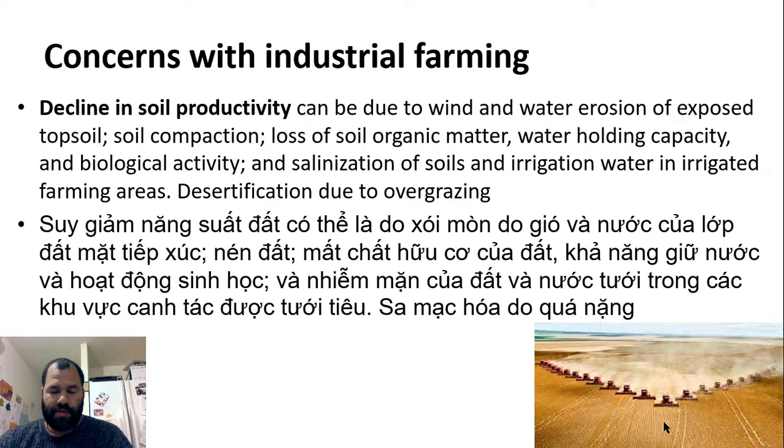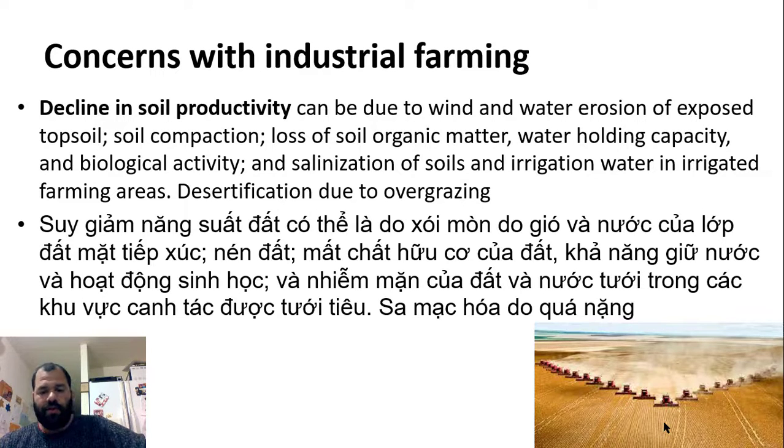Usually what happens is, with extensive tillage and extensive working of the land year after year, the topsoil is exposed, and then due to wind and water, the topsoil gets run off and carried away as dust.